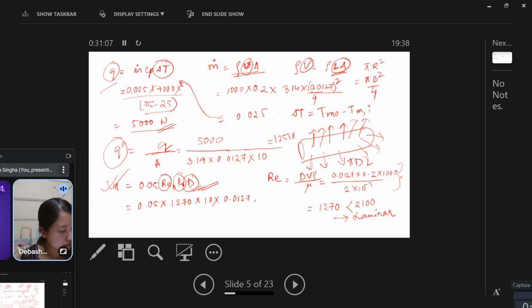How much is this? It is around 8.06. Is it more than or less than the tube length?